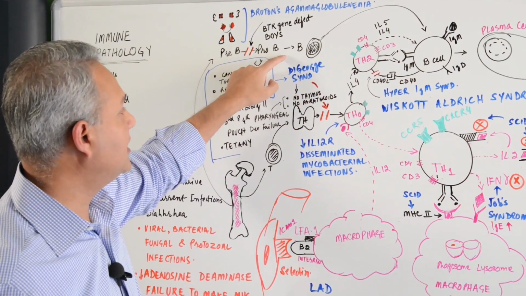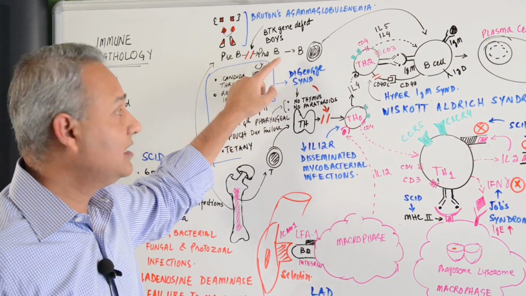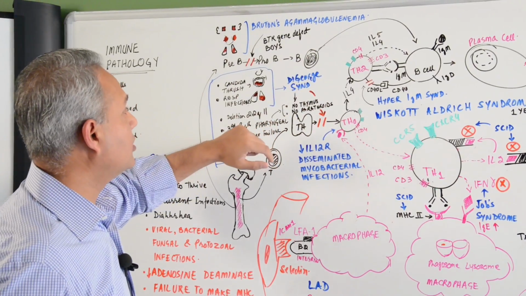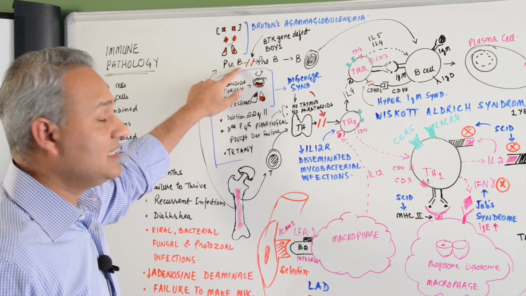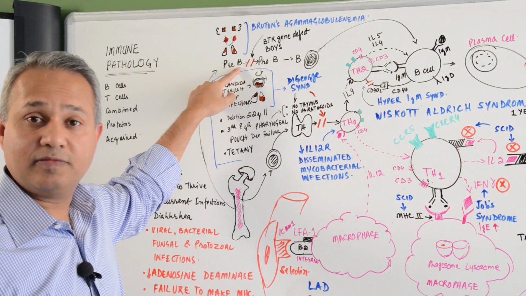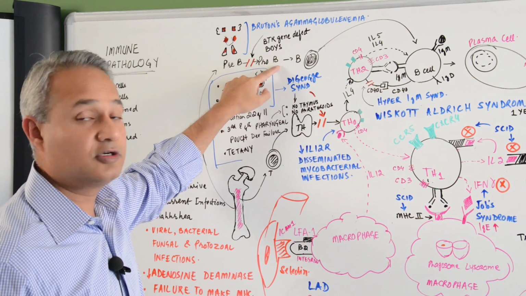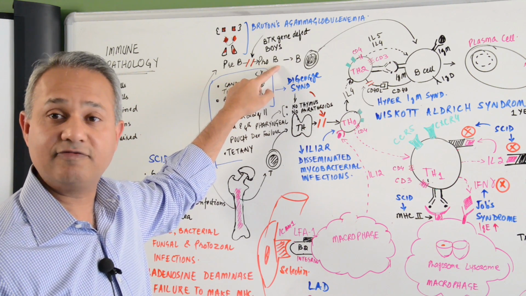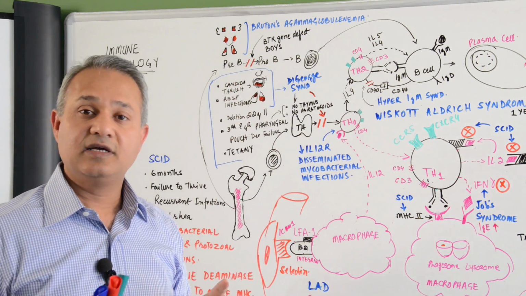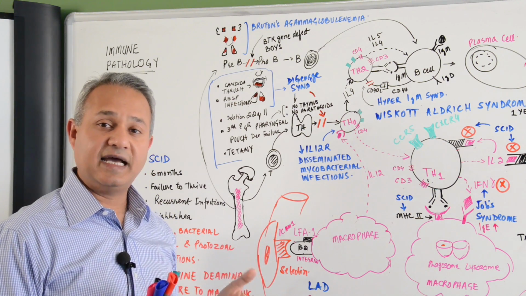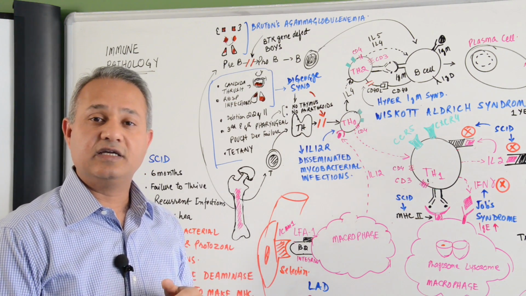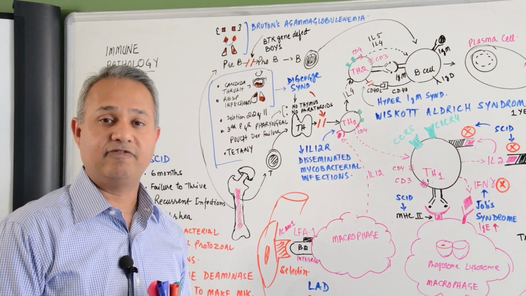Pre-B would become pro-B, and from there it is a mature B cell. In the Bruton's Agammaglobulinemia, pre-B cells will be found in the bone marrow, but they will not be converted into pro-B, so they will not be found in the lymph nodes. So the patient, mostly boys, because it is X-linked, would not be having B cells.